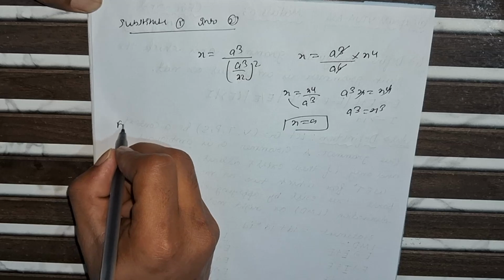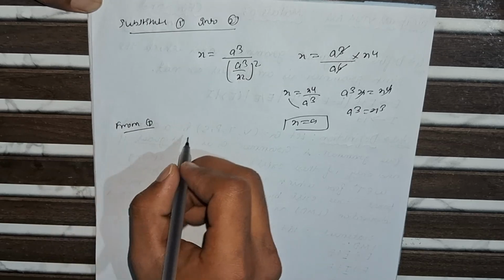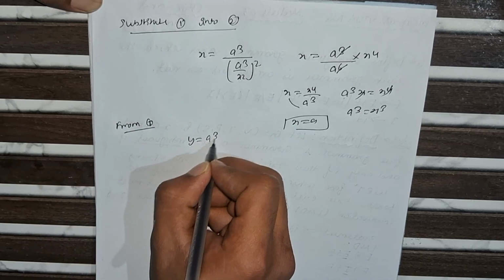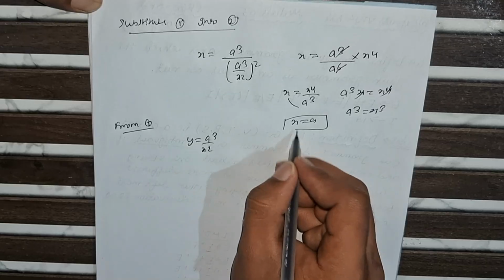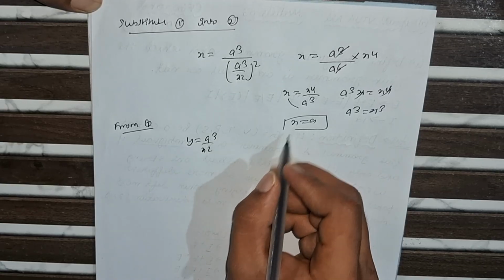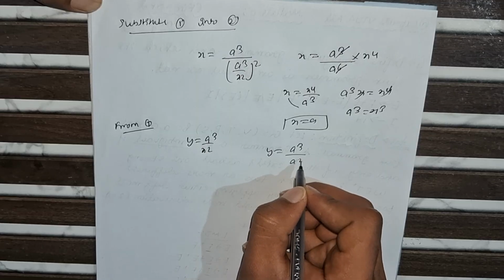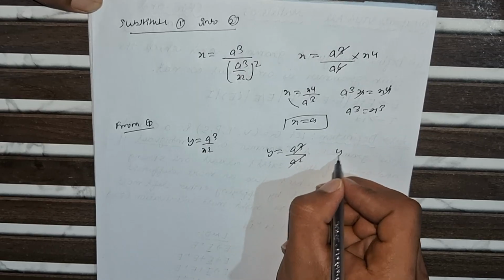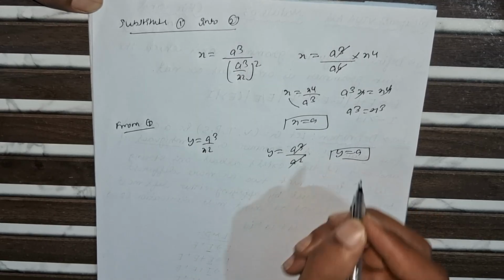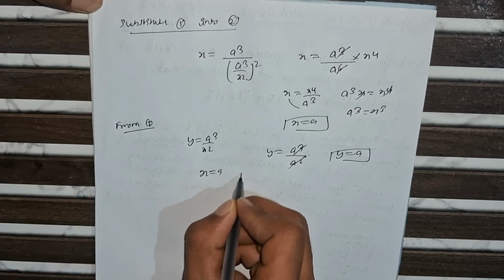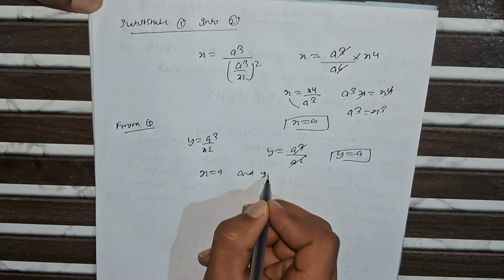So from equation 1, y equals to a³/x². Already we know that the value of x is a. So y equals to a³/a². So this will cancel out. It becomes y equals to a. So we have critical point, which is x equals to a and y equals to a.